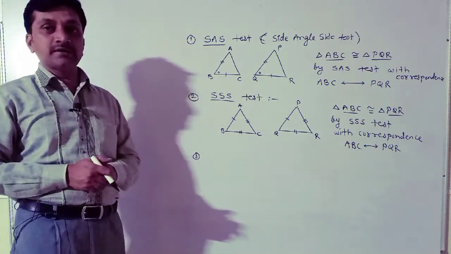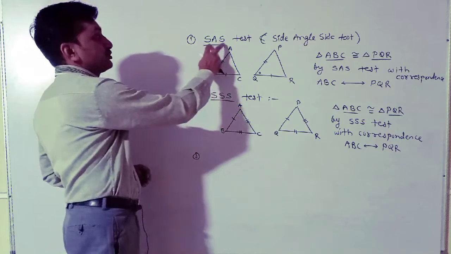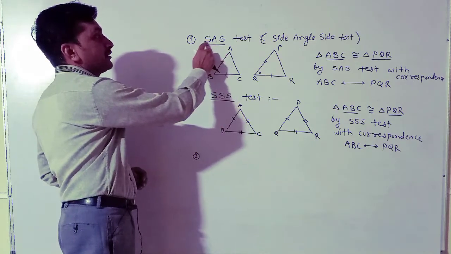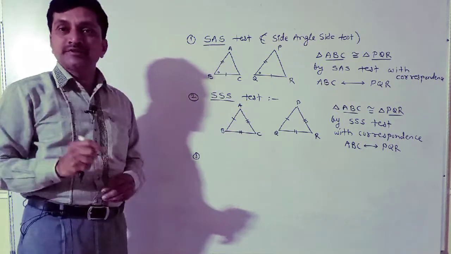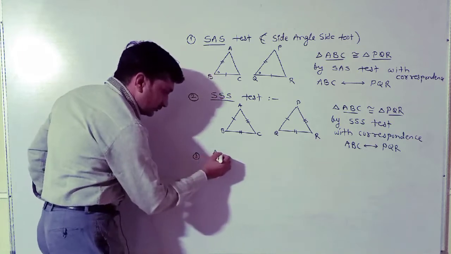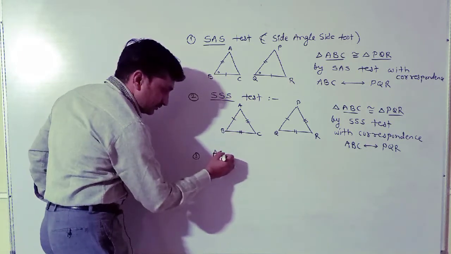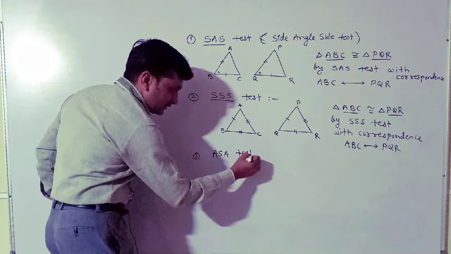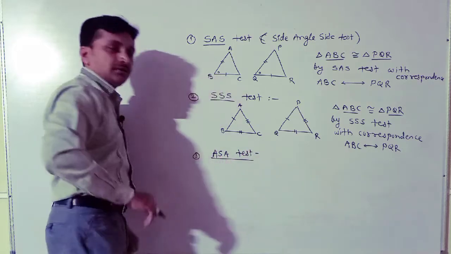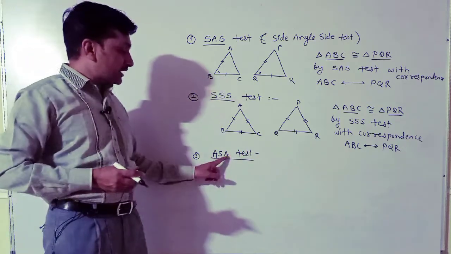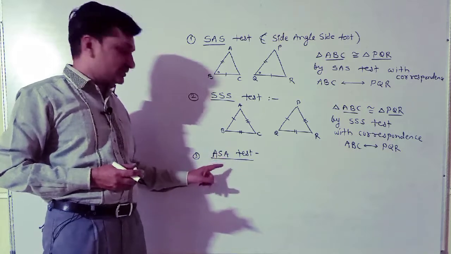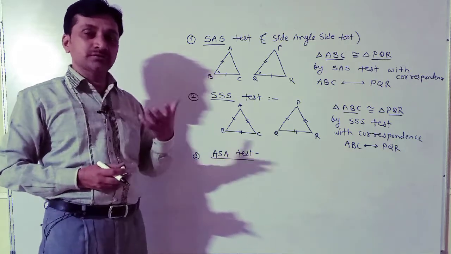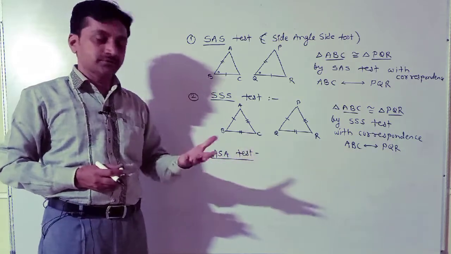ASA, angle side angle. Now here two angles, one side included. Now here angle, and here side will come. Means ASA, angle side angle test, ASA test. Now what will be the statement? How many angles are here? Two angles, and side is in between, means there is included side.